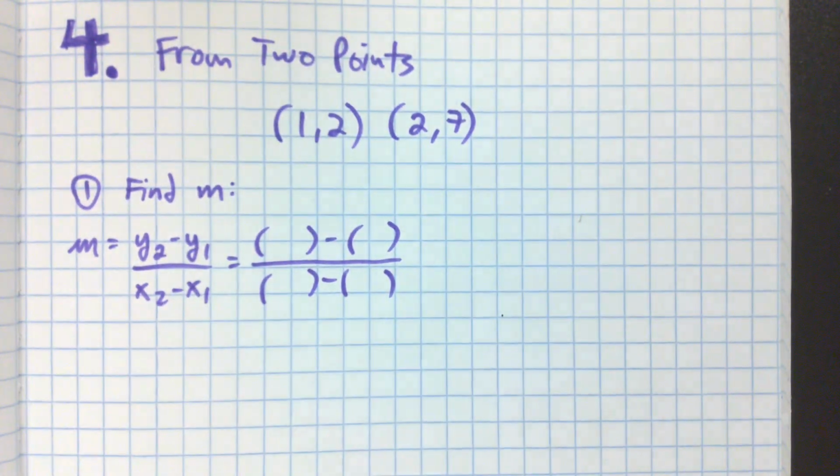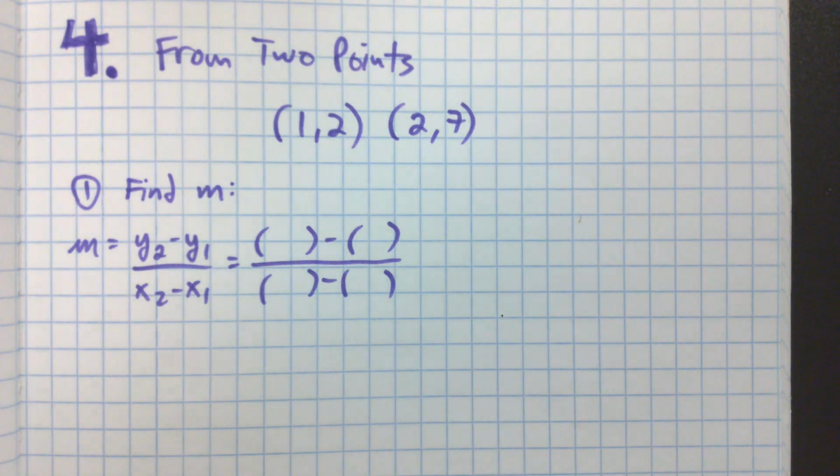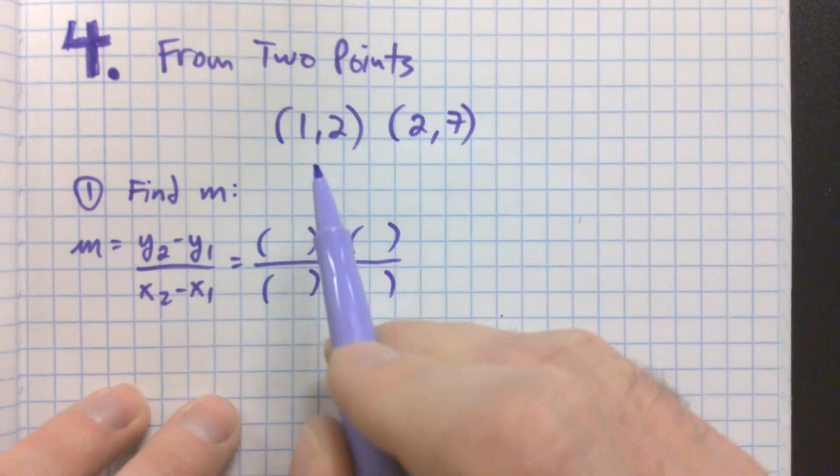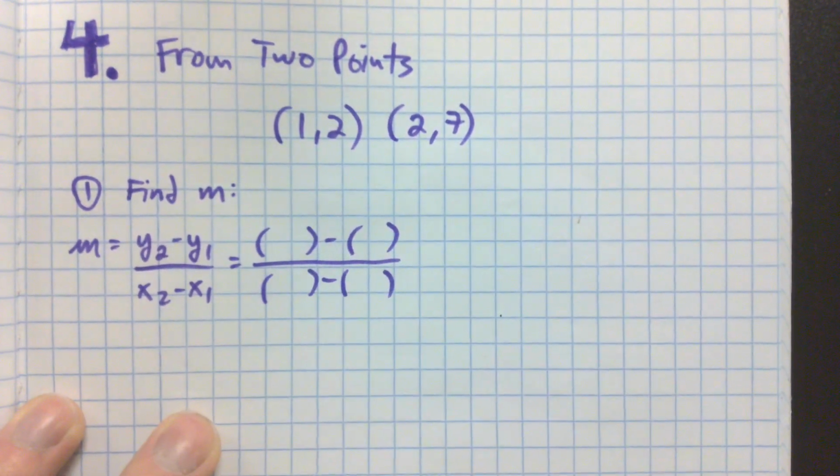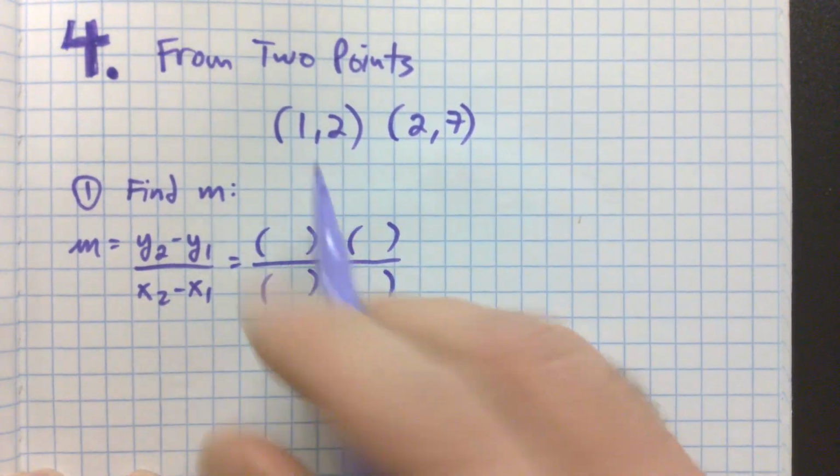So this is a 2-step process. The first step is to find m. If we have 2 points, we need to find m. We've got to label them, plug them in, solve and simplify. Again, we just reviewed this yesterday, so that's why we're going through it kind of quick. The b is the important part today. What can I label this 1 as? X1, perfect.